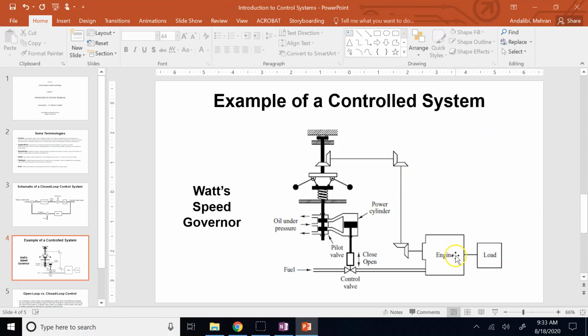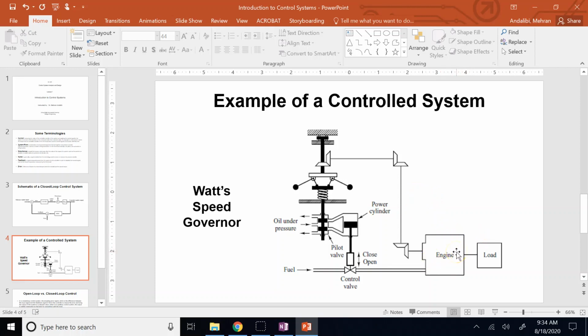Again, what is the problem? If for any reason, for any disturbance, again, it can be any change in the load or any change in the location of the valve or the viscosity of the lubricant in the system or anything like that, the RPM goes up, let's say a little bit. What happens?